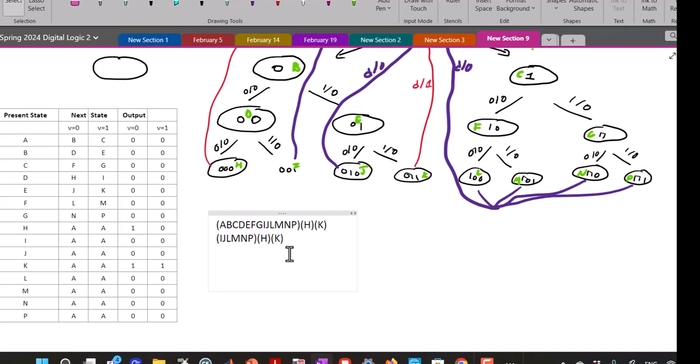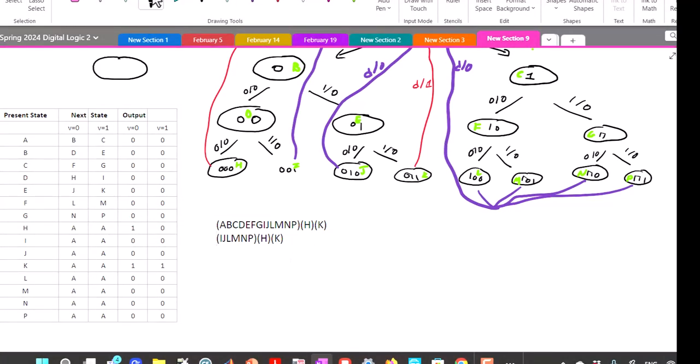Okay, now let's look at A. So we see that A goes to B, it stays in that same set. B goes to D. C goes to F. Just looking at the 0 successors right here.